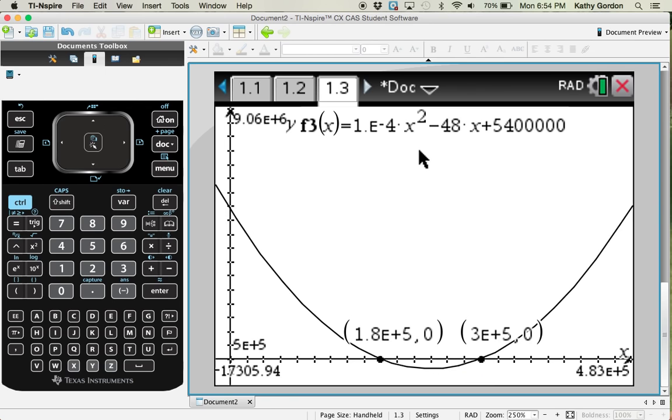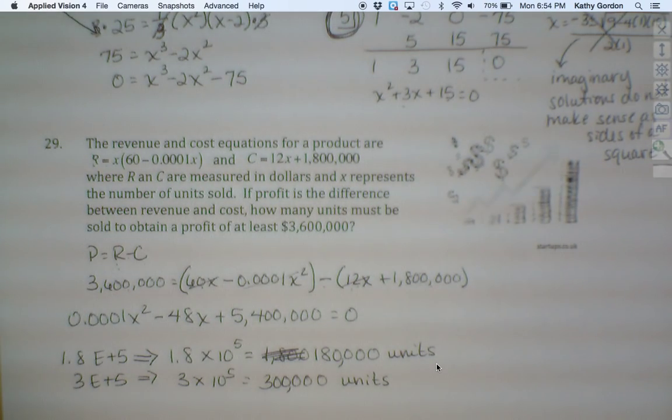We just turned our equation around, which is why it's opening up instead of down. Okay? So if I want at least the 3.6 million, I've got to do anything in here. And you could pick some x values, put it back into your equation, and make sure that it worked.